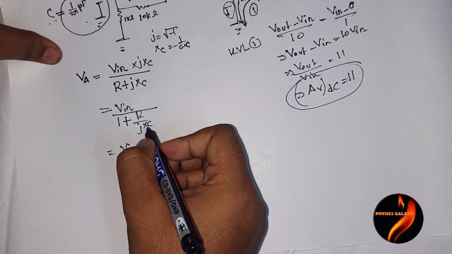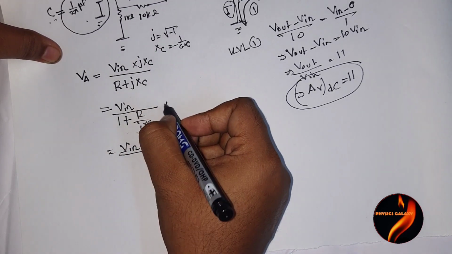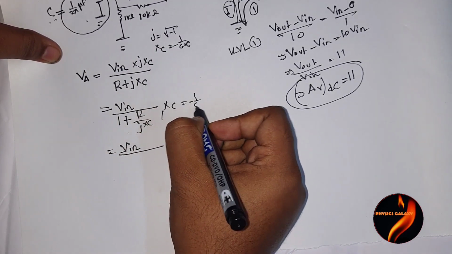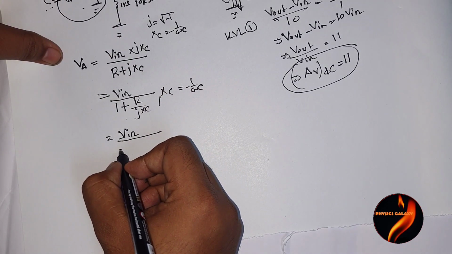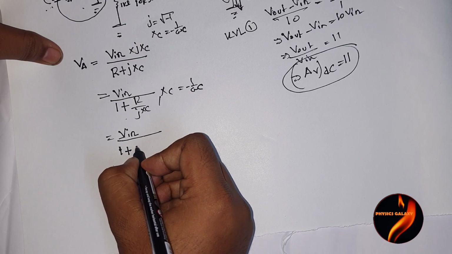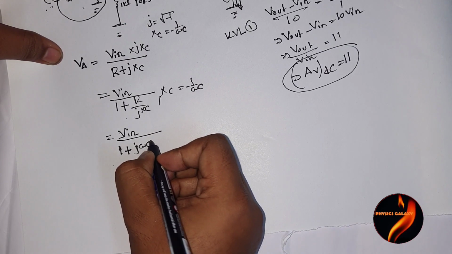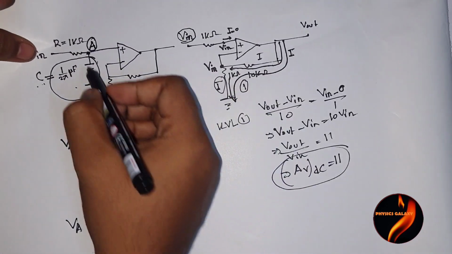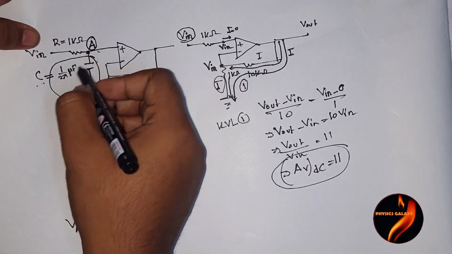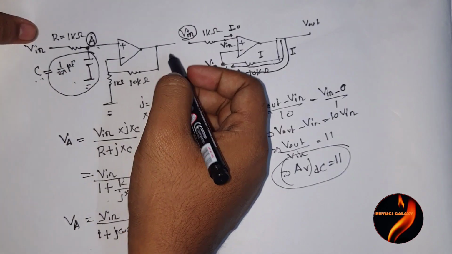And if we put the value XC equal to minus 1 by omega C, this will give me the value 1 plus j omega CR. So this is the potential at the point A when the capacitor is present in the circuit.